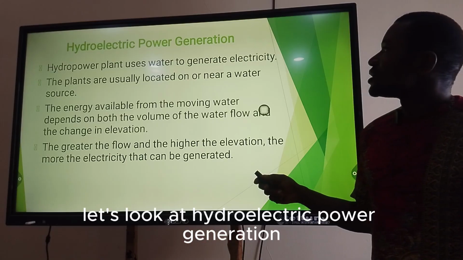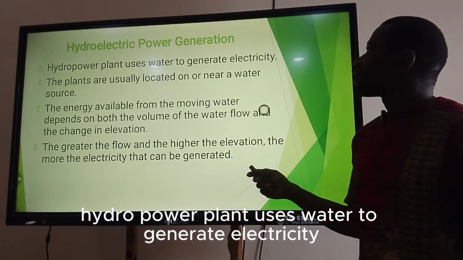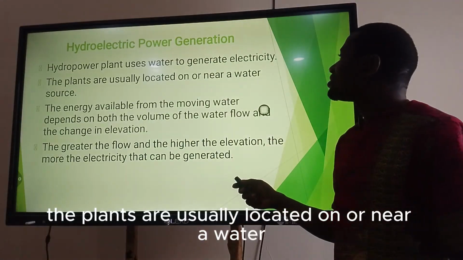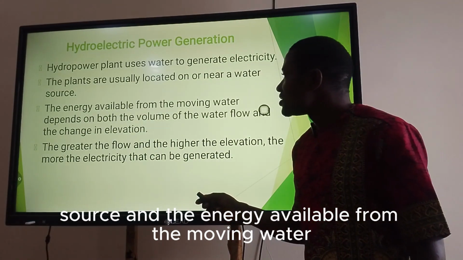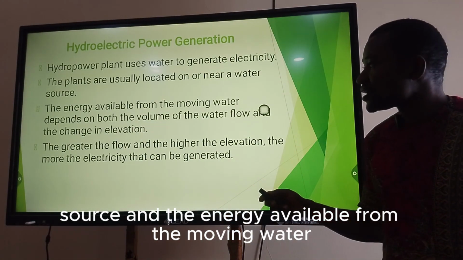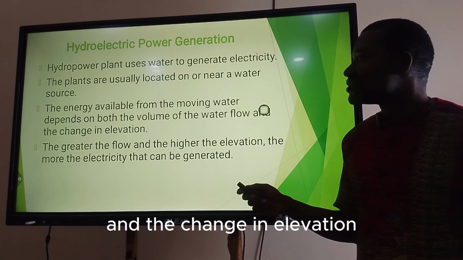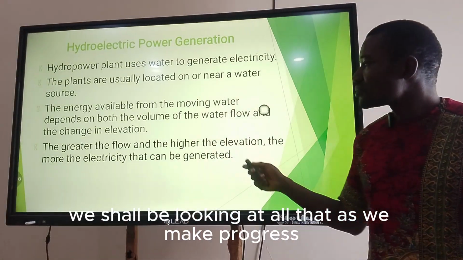Let's look at hydroelectric power generation. A hydropower plant uses water to generate electricity. The plants are usually located on or near a water source, and the energy available from the moving water depends on both the volume of the water flow and the change in elevation. We shall be looking at all that as we make progress.